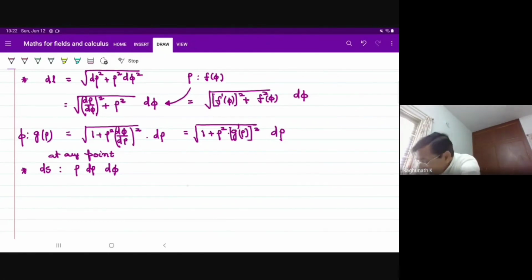At any point, we say d rho d phi produce the rectangle. Even though this rho d phi is part of a circle of radius rho, changing only d phi will create only a small arc. That arc can never be seen as an arc. It will be a straight line for all cases.